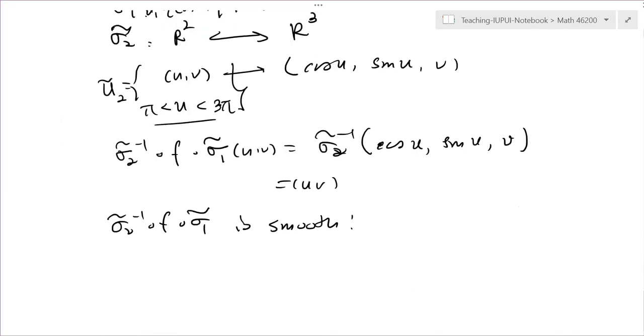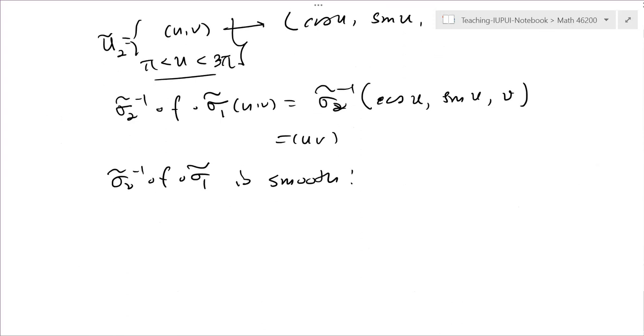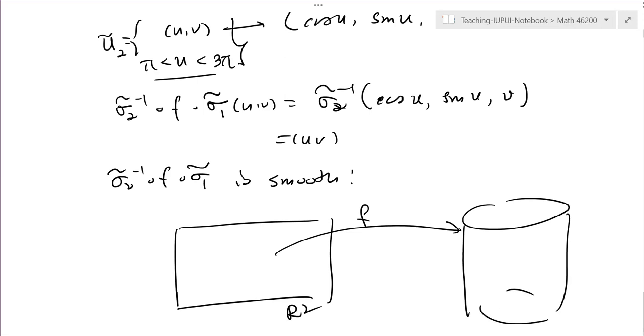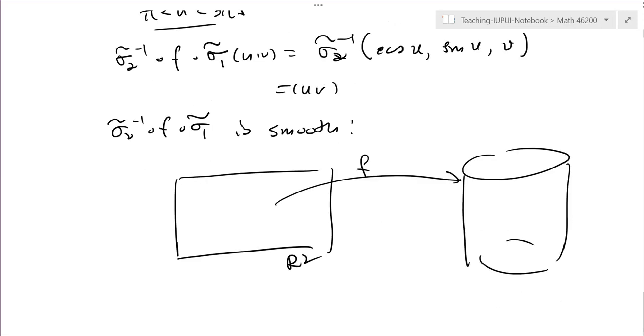So this only showed that. Okay, this only showed that because the map F, that's a good question. You see, the map F is from R2 to a cylinder, right? So we only showed that F is smooth from 0 to 3 pi.